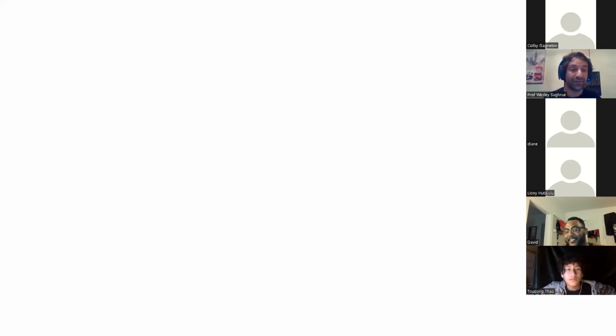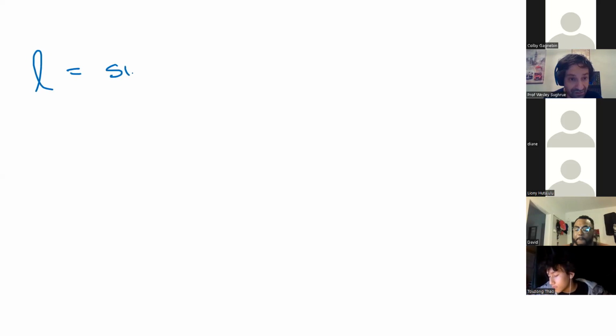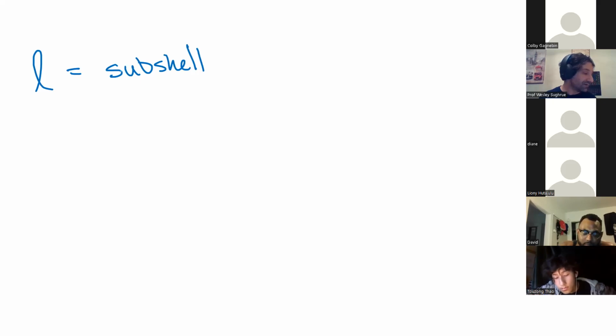Okay, so now let's talk about the next one. L is equal to the subshell. Okay, so L is equal to the subshell. And let's see, how do I want to do this?